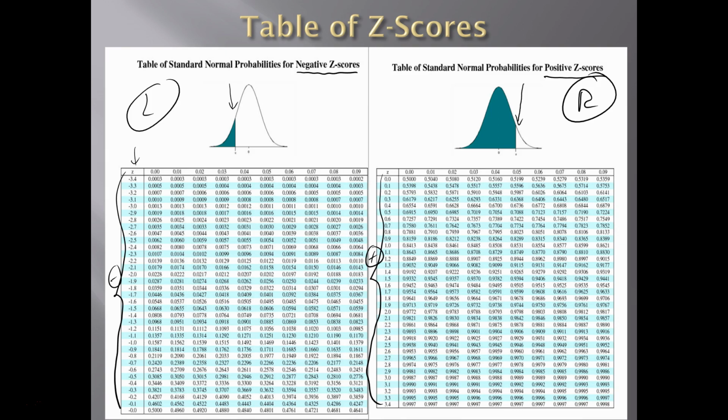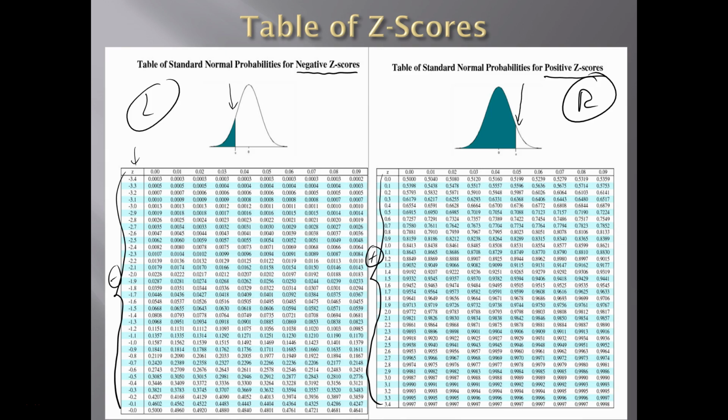So this is a pretty packed sheet of values. It's packed with z-scores and corresponding percentages, so packed that it usually won't fit on one page. So there's usually a page for negative z-scores and a different page for positive z-scores.